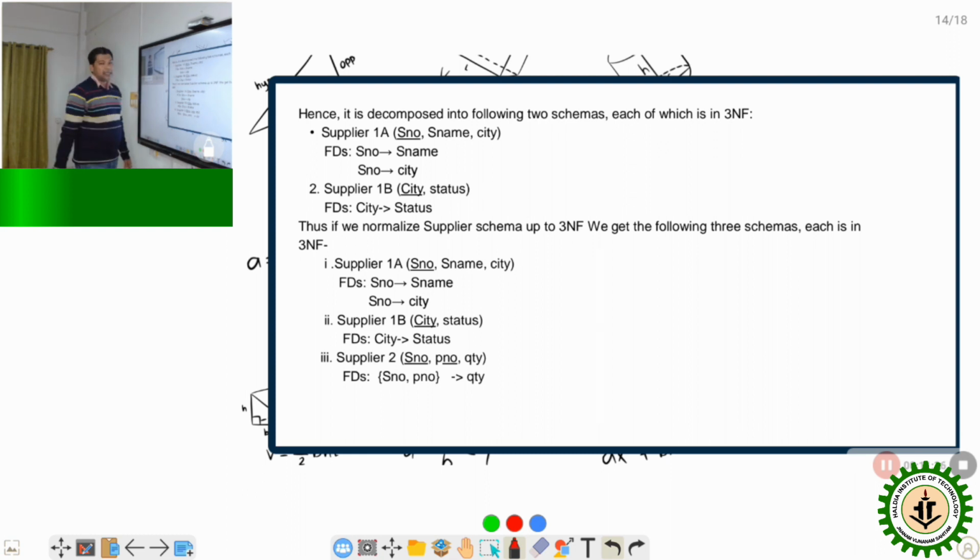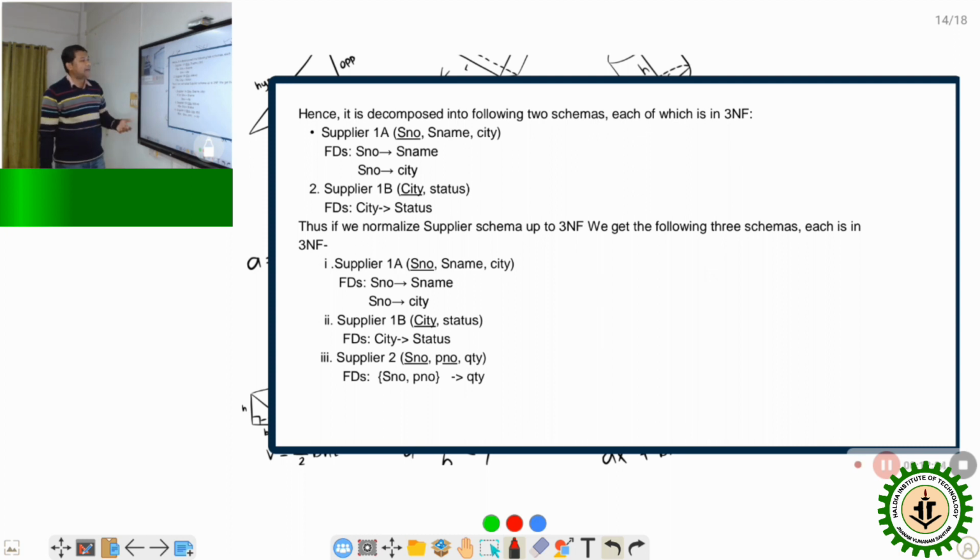We convert the supplier 1 table into supplier 1A and supplier 1B tables. In the supplier 1A table, supplier number, supplier name and city are there, and the FDs are supplier number to supplier name, and supplier number to city. In the case of supplier 1B, we get city and status, so the FD will be city to status.